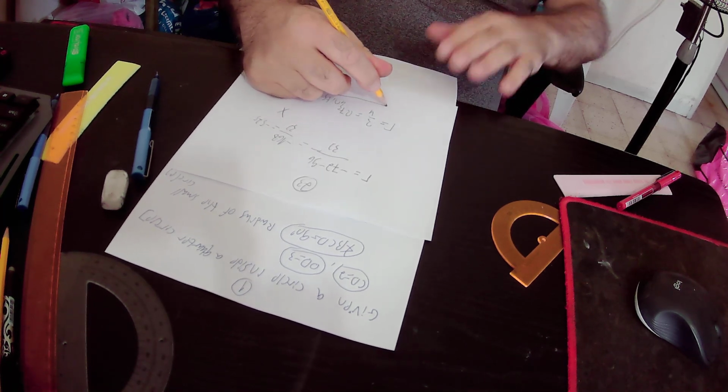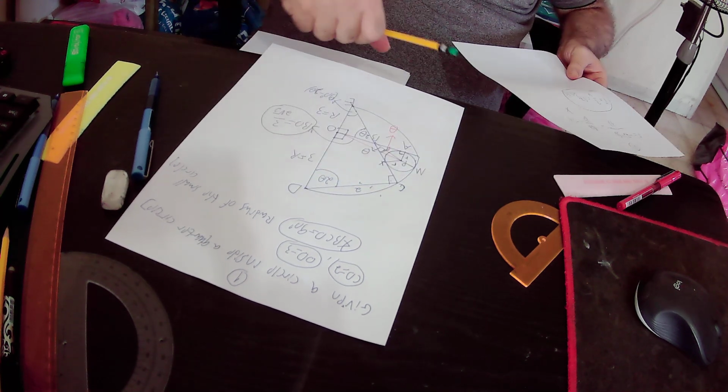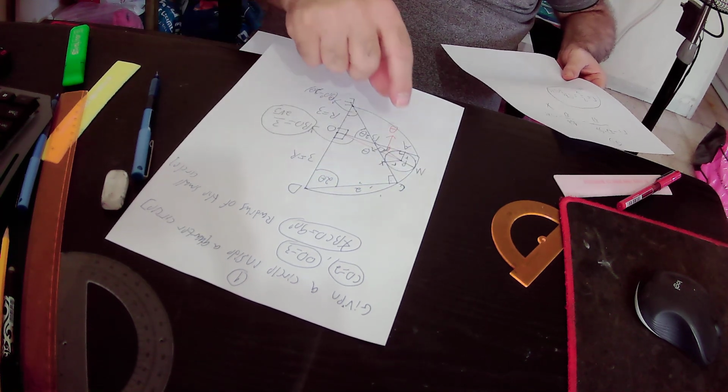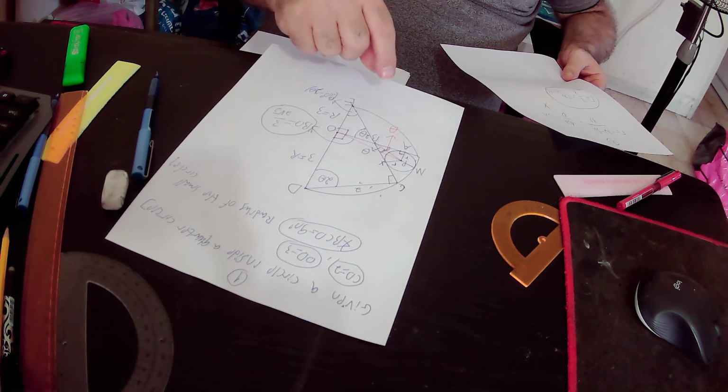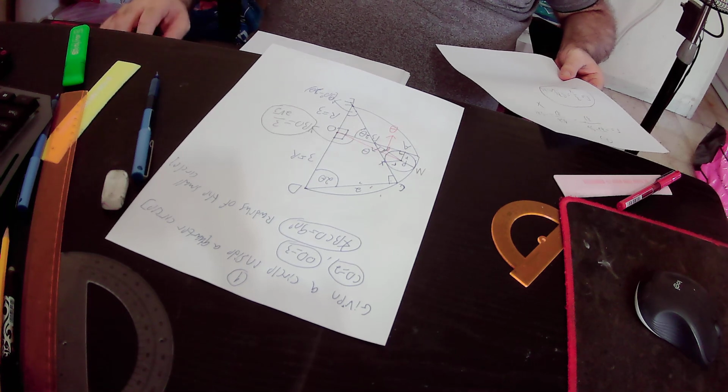Okay, so the radius of this small circle equals to 3 over 4 units, or 0.75 units.